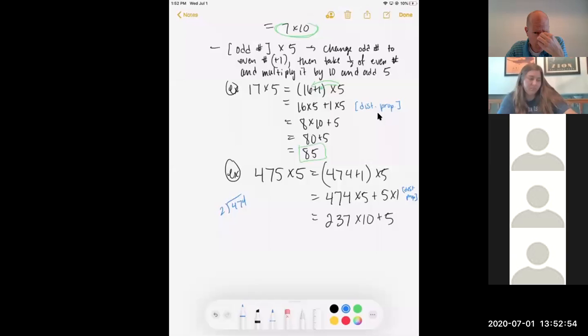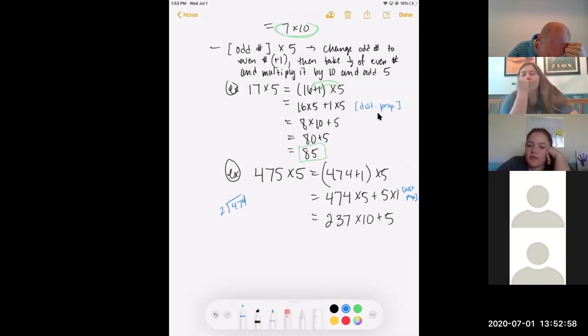Did anybody else get half of 474 a different way? I did. I split it into 47 plus 5, but then I kind of changed it. When I got 47, I knew that went in 23 times because 46, but it didn't go into the 7, right?